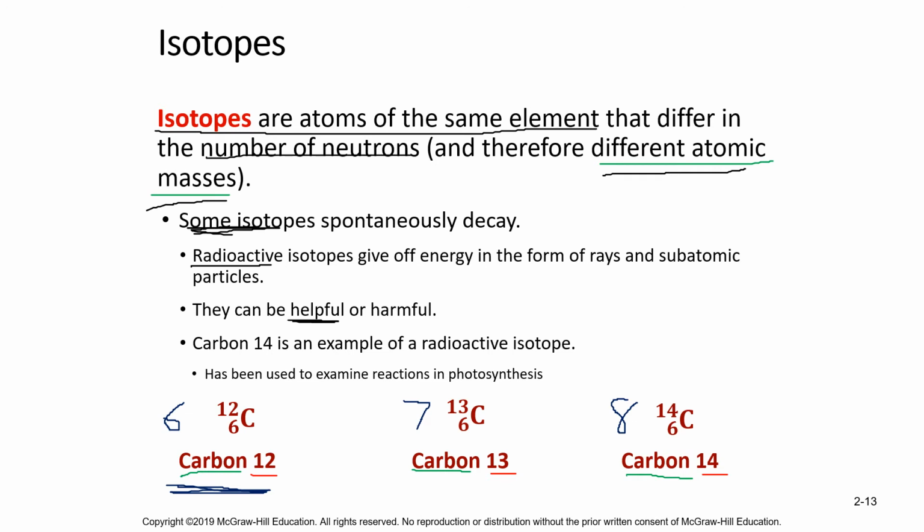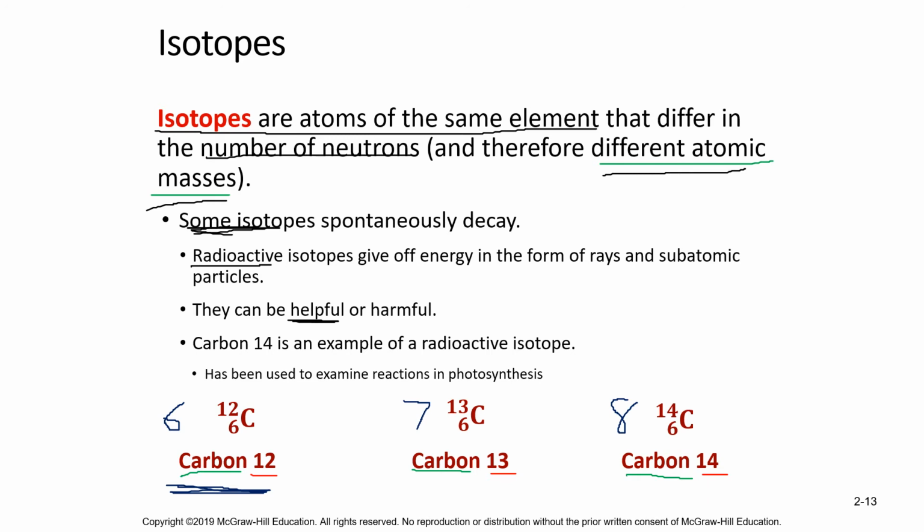Different radioactive isotopes give off different types of radiation, and some does not hurt us. It moves very slowly, has low intensity, and is not destructive. But some does move very fast. It's very intense, has a short wavelength, and is destructive.